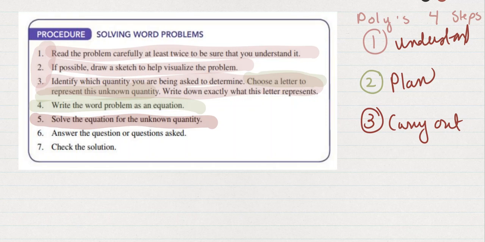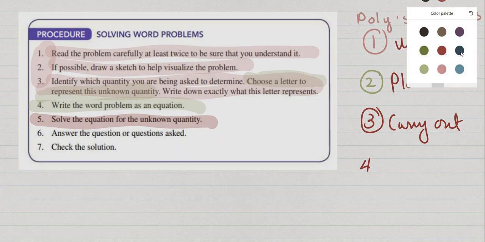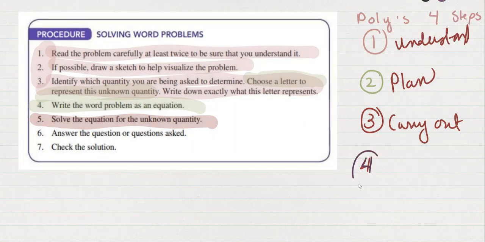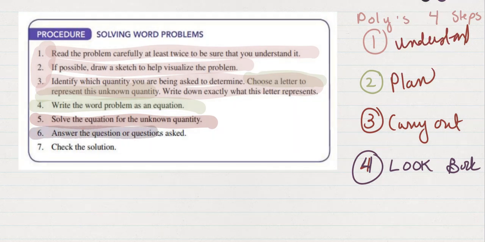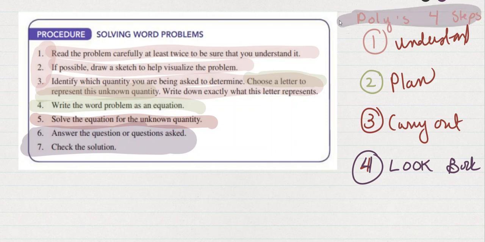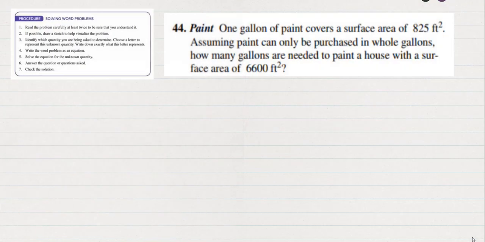And then the last step, when we talk through Polya's steps of looking back, is going to be like this last step here, answer the question and check your solution. So as we look back, we want to make sure we've answered the question. So we're going to look back and check the solution also. So here's how we can relate Polya's 4 steps to this procedure for solving some algebra word problems.